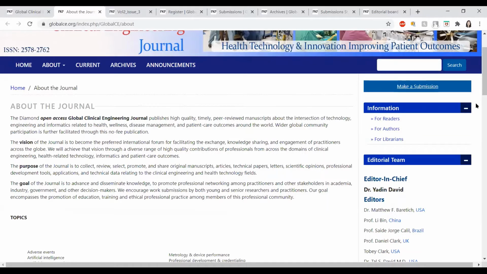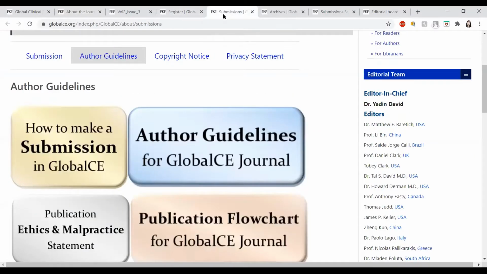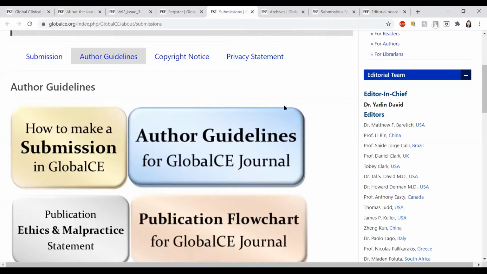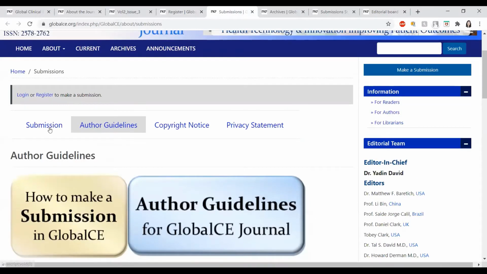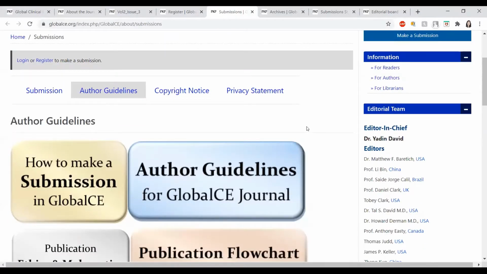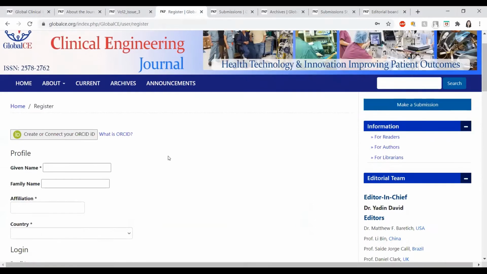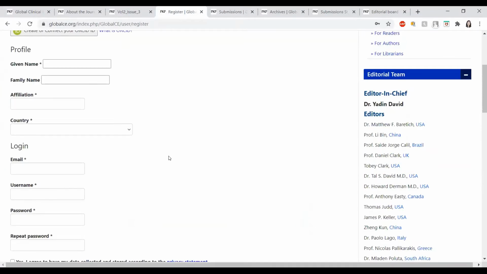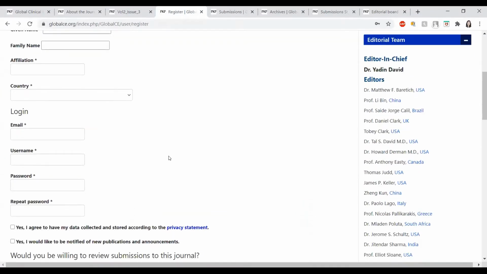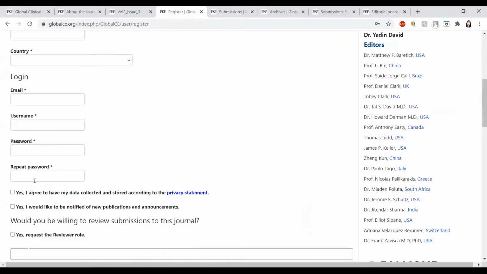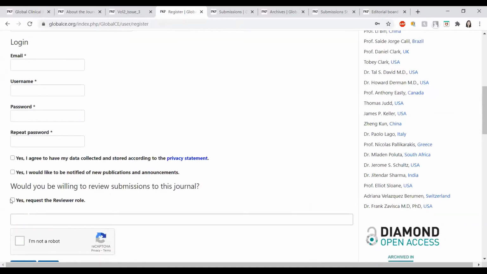You can select Make a Submission, and in doing so, you become a potential author. You need to register, and once you have registered, it's very easy to follow the steps. It's all very clear and self-directed.